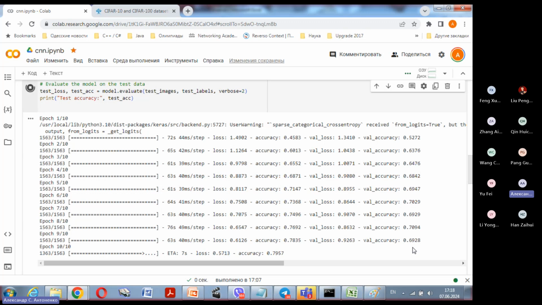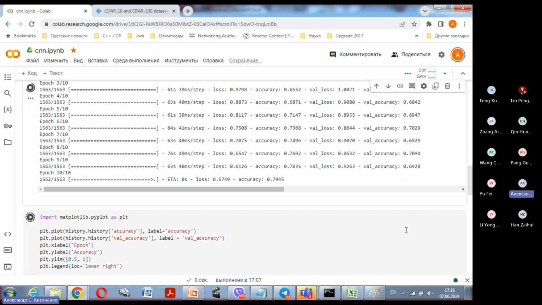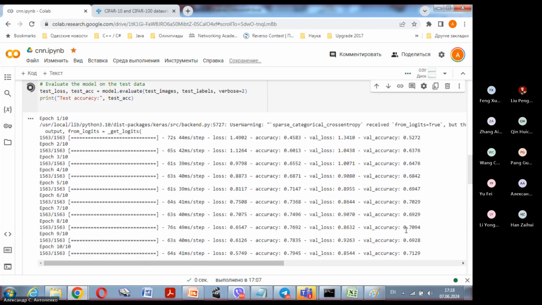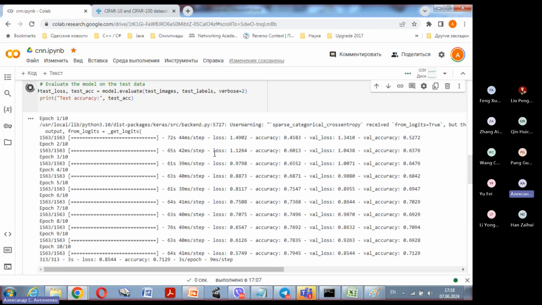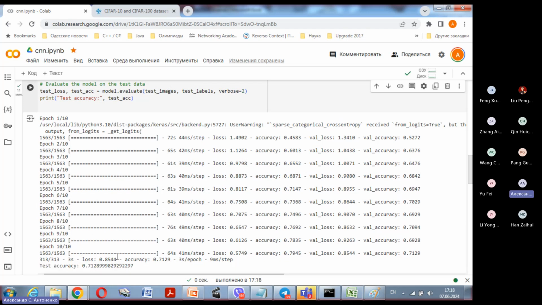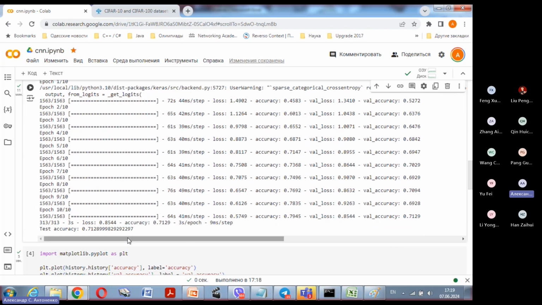So if we look at the graph, after it's done, very soon. So as you can see, our training is over, and then we test on our test data. But of course, our test data is equal to our validation data. Maybe it's not very good, but we see the same number.